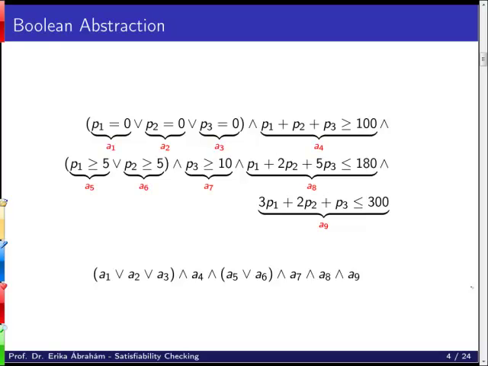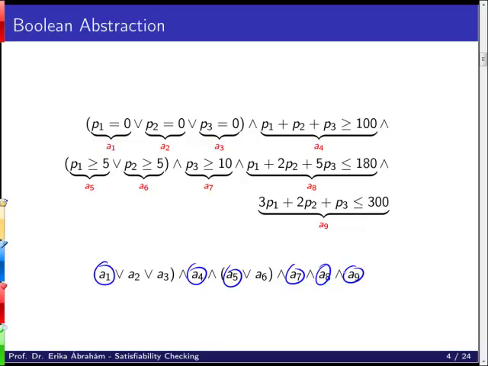And if I find a solution for this one, how can I check if there is a corresponding solution also for the more concrete one? What do I have to do? So assume I have here a solution, where A1, A4 must be true, let's say A5, and these three. If these three are true, then I have a solution, actually independently of the values of A2, 3, and 6.